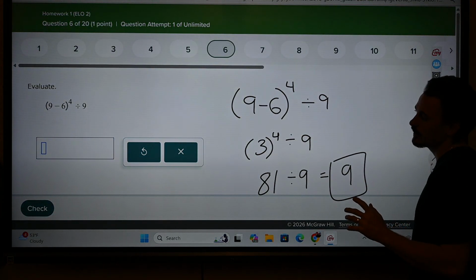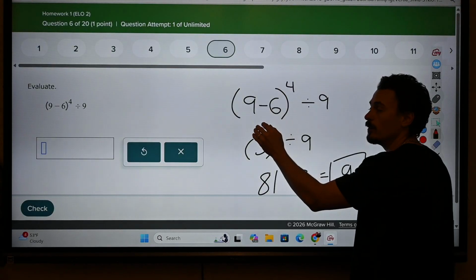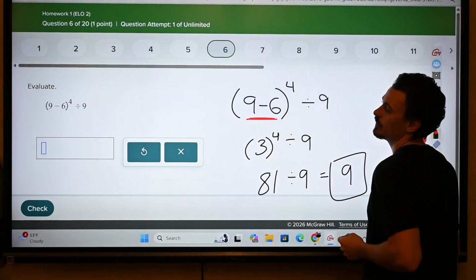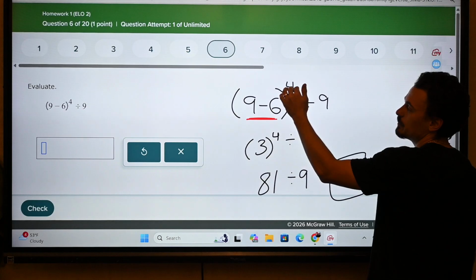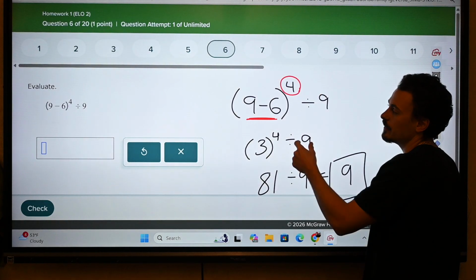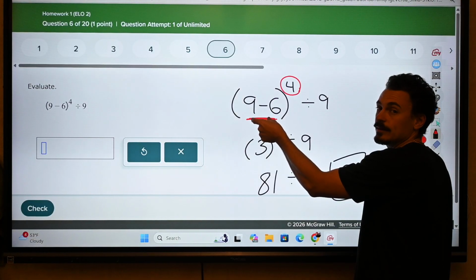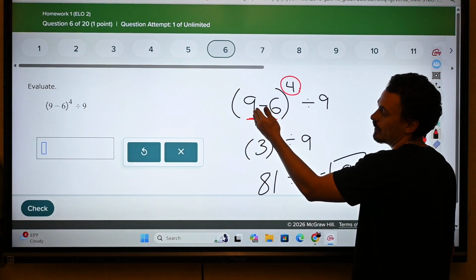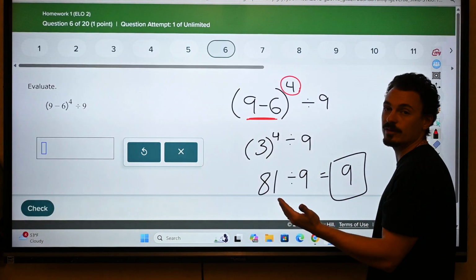Notice I evaluated what's inside the parentheses first. If you have an exponent on the outside, touching the parentheses, I can evaluate what's on the inside first if I can. If this was a letter instead of a number, you would have nothing to evaluate.